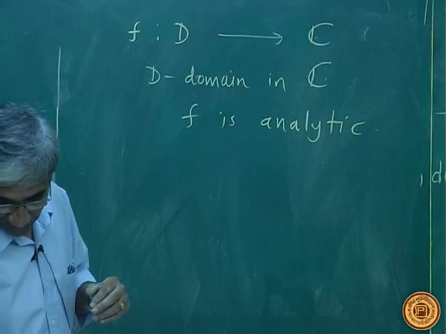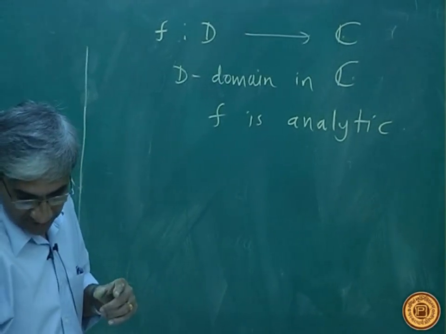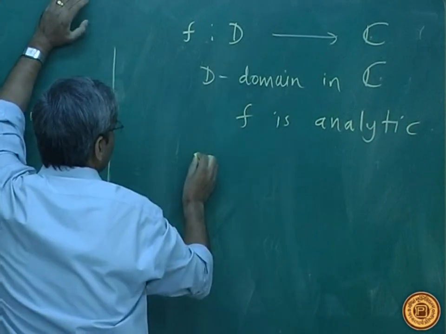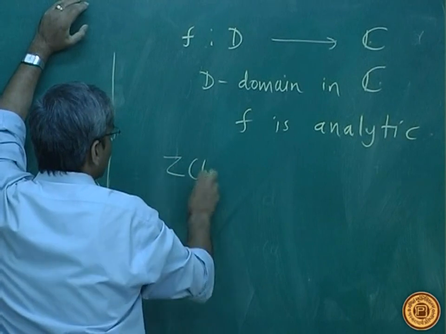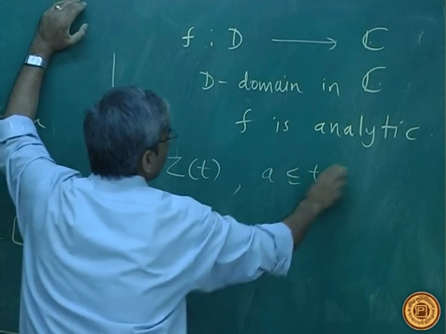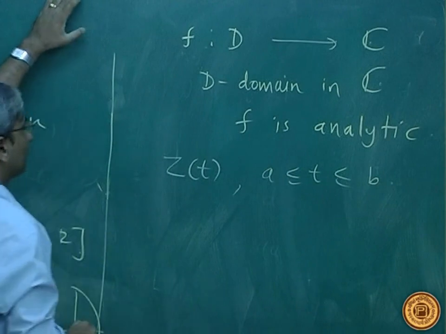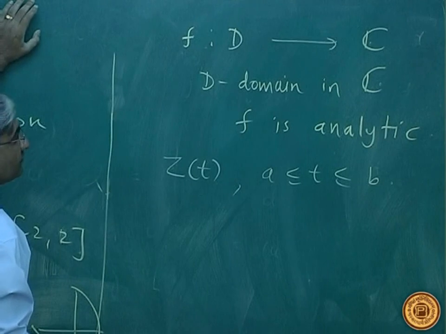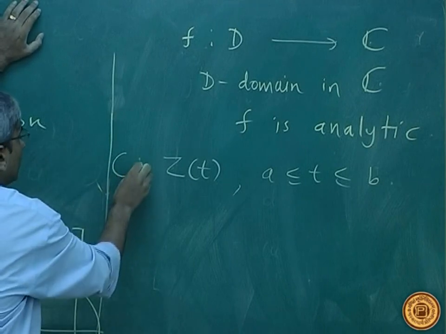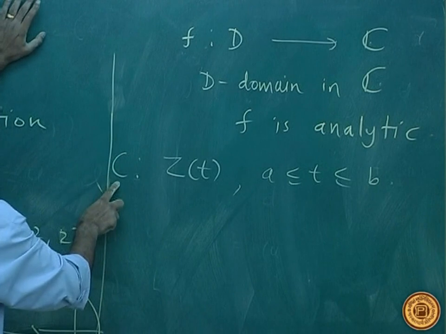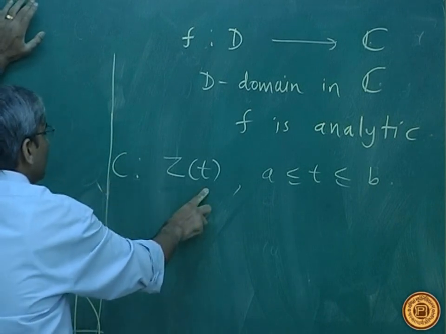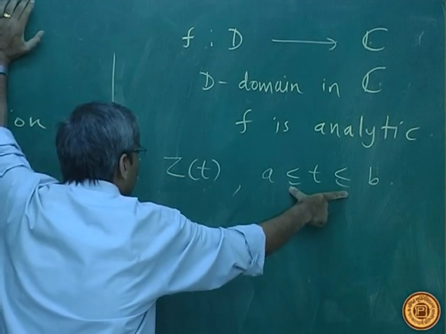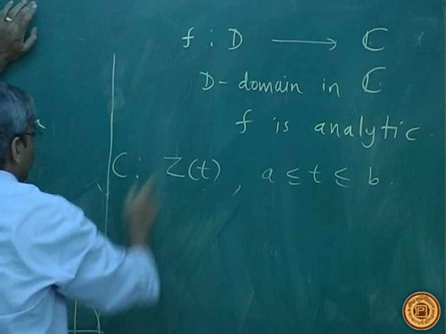Okay. All right. And suppose C is a smooth curve in D given by z of t. So now some curve is given. Suppose z of t is the curve given on a less than or equal to t less than or equal to b. Then this is curve C. As I am repeatedly telling, every curve is given by a certain function which is actually the parameterization of that curve, and that parameterization comes on a certain parameter interval. Okay. So this is some complex valued function of t.